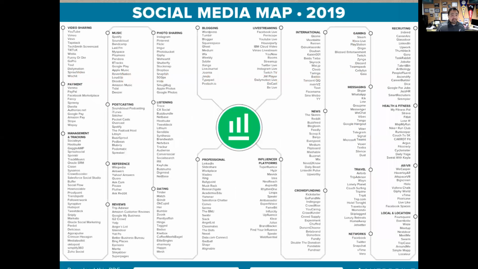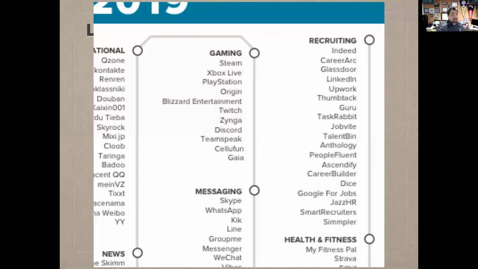As it relates specifically to the career space, right? On the right side of the screen are the actual social media platforms within the recruiting space, or professional space. So I always mention Indeed, Glassdoor, LinkedIn, but there are other platforms out here like Career Builder, Google for Jobs, Smart Recruiters are a couple.